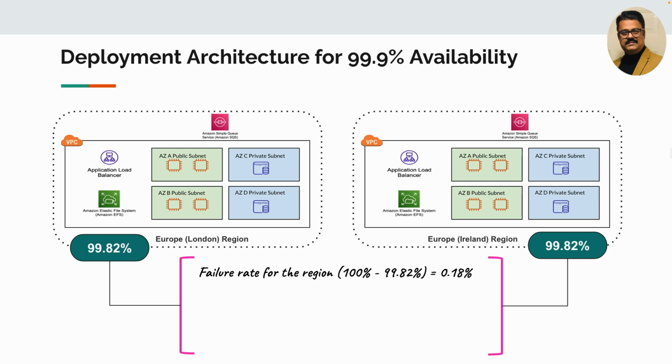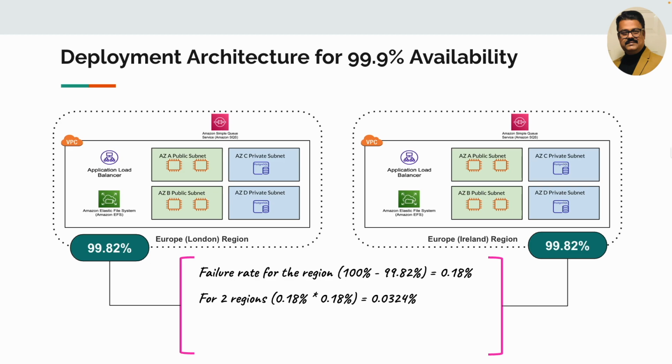To calculate the combined failure rate for both regions, we will multiply both regions' failure rates, and then the failure rate will be 0.0324%. This is the outage when the application will not be available, considering both regions are active-active.